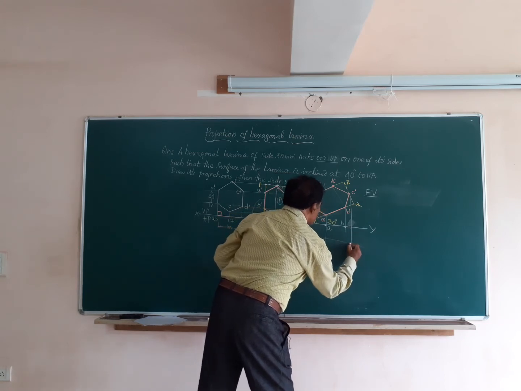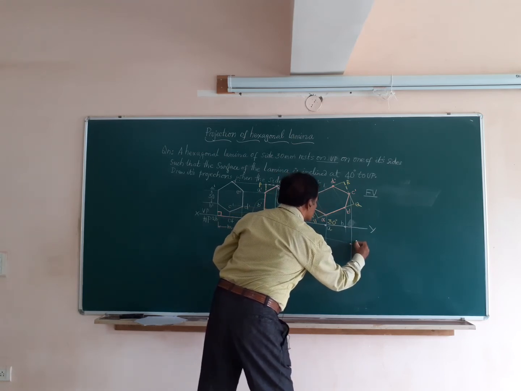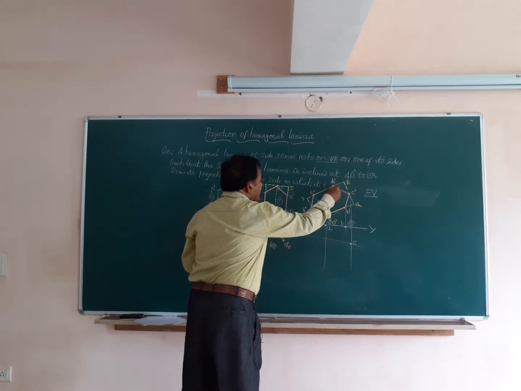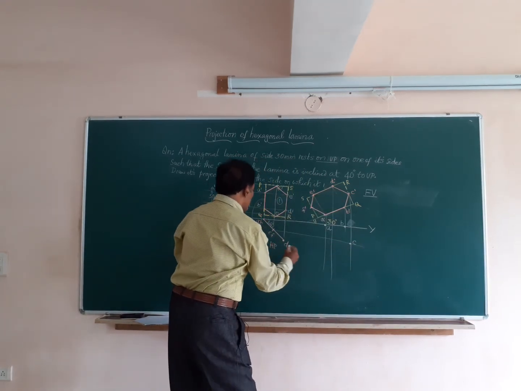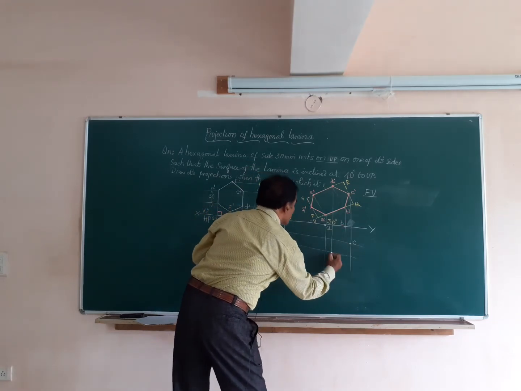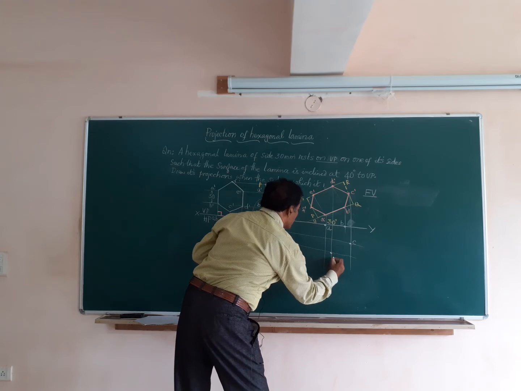If you draw, the point of intersection is C. Next D, vertical line from here, horizontal line from D. So this is going to be the point D.